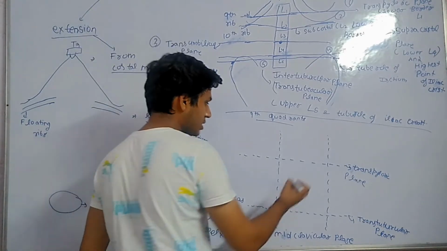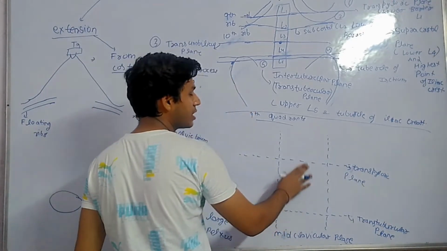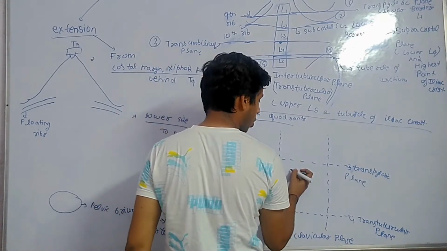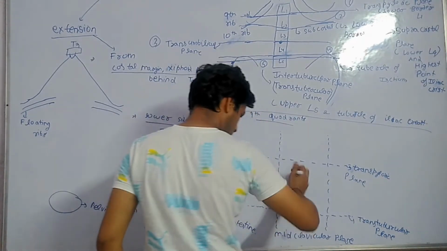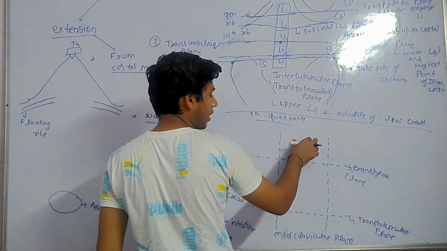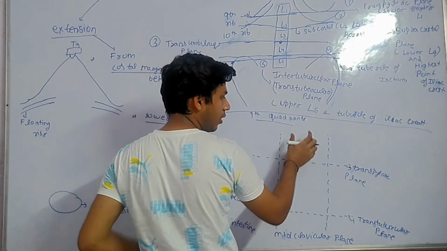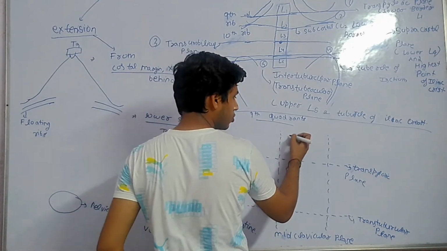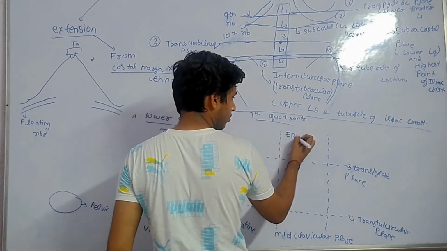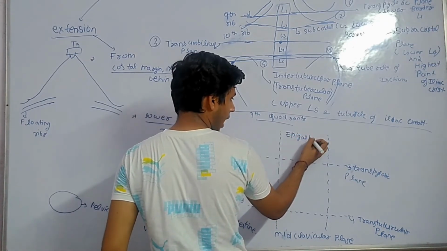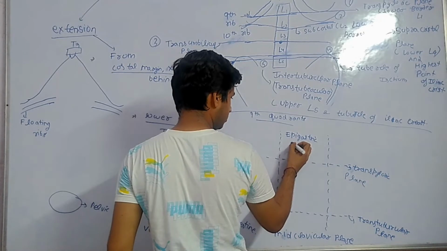So first is the portion where the major portion of the stomach is present. Above the stomach plane, this is called the epigastric quadrant. Done.